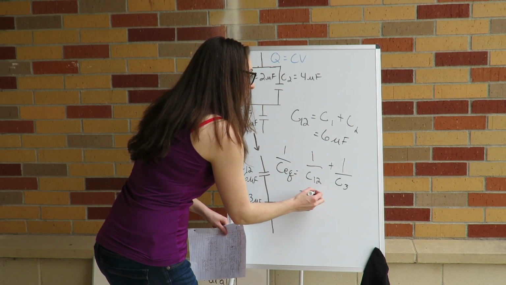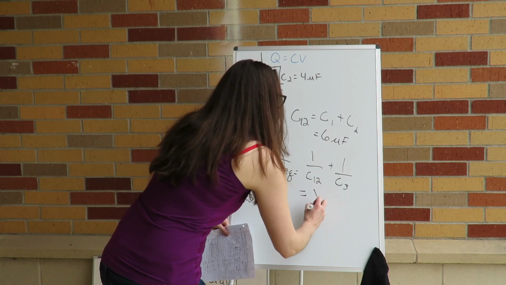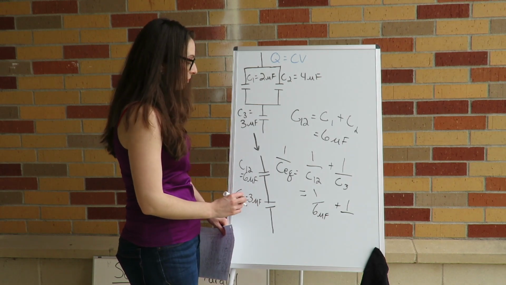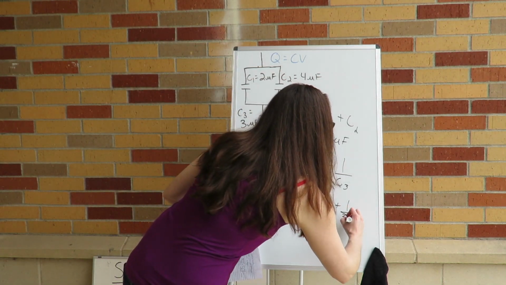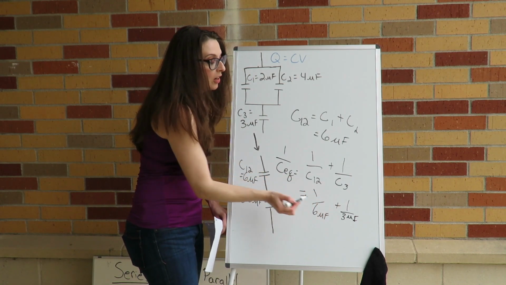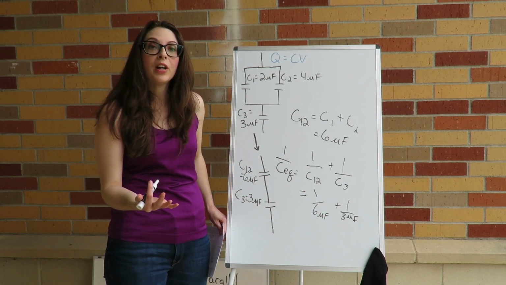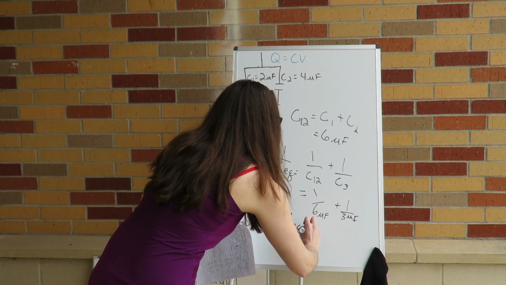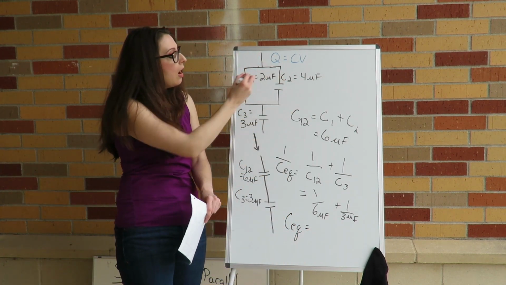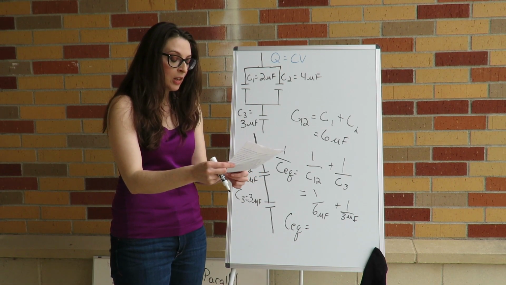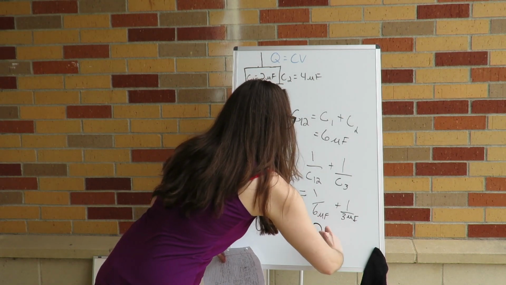And so that's going to be equal to 1 over 6 microfarads plus 1 over 3 microfarads. Okay? So if I add these together and take the inverse in order to get our equivalent capacitance, we find that the equivalent capacitance for all of these 3 capacitors together is going to be 2 microfarads.